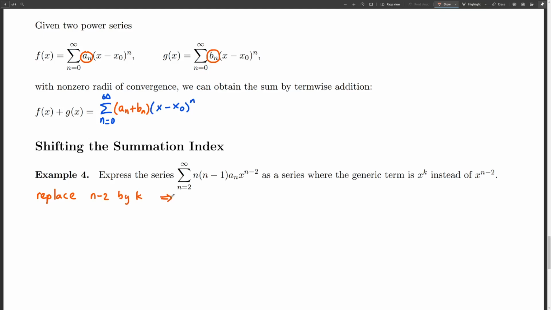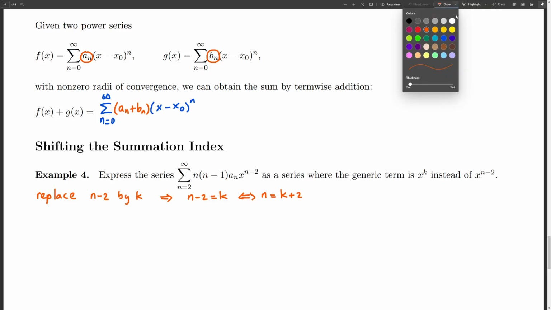What we can conclude from that is that n minus 2 equals k, or equivalently, when you solve that for n, that n is k plus 2. So anywhere you see n, you can replace that by k plus 2, and anywhere you see n minus 2, you can replace that by k.